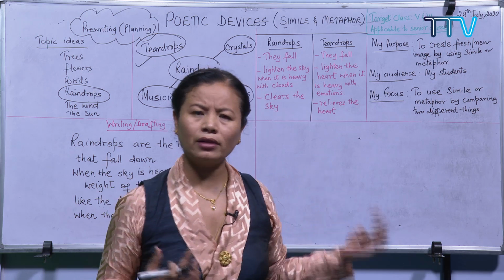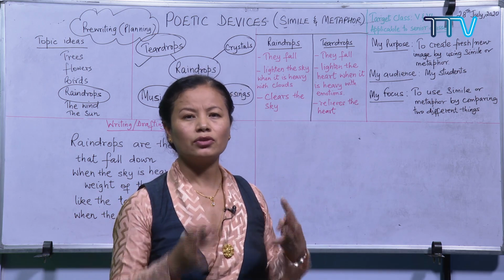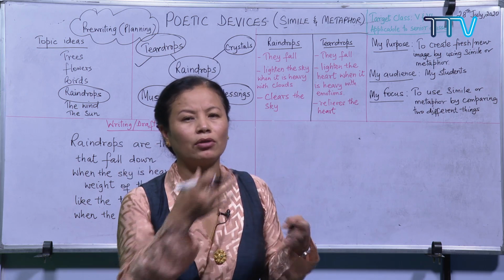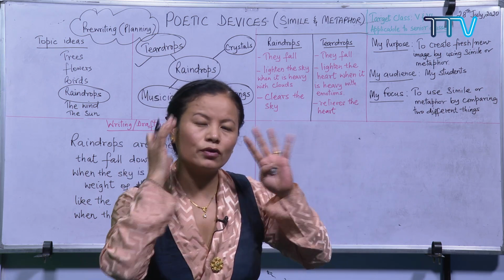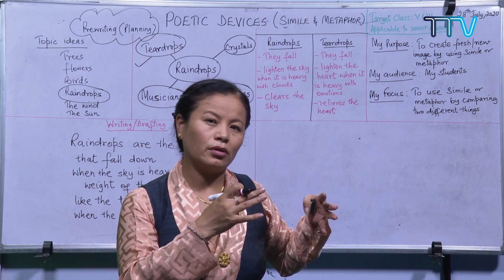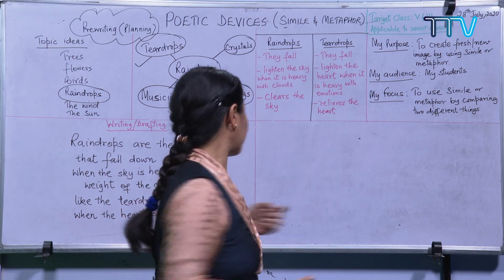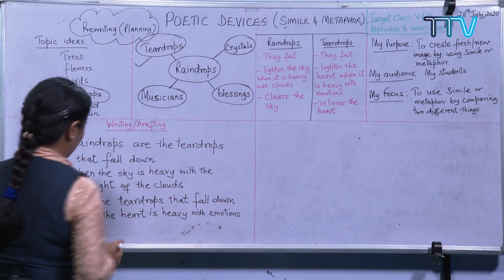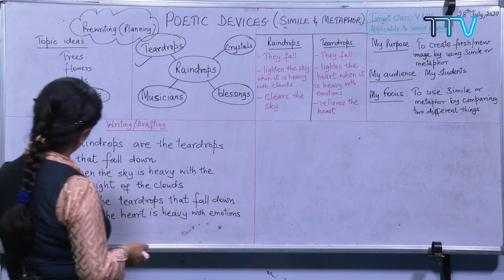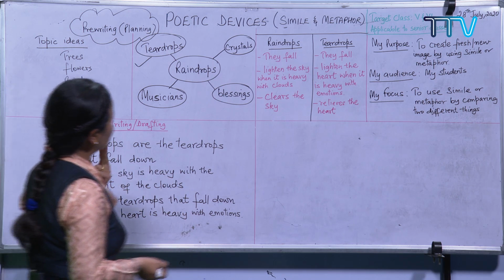If you can make it rhyme, it is good, otherwise you need not think about making the words rhyme, just focus on making the comparison. And the heart is heavy with emotions. Is there anything else I can add?